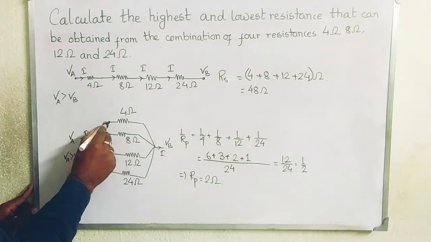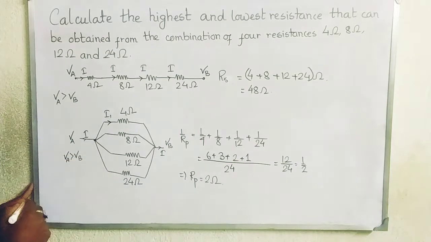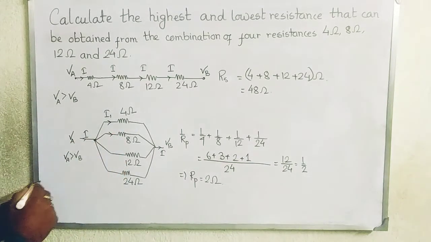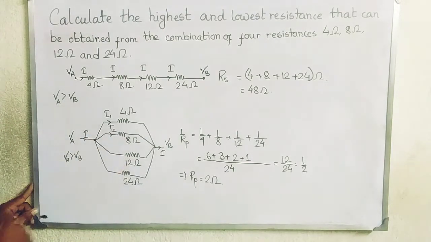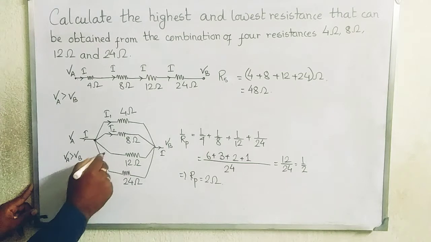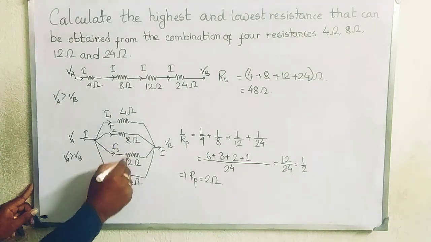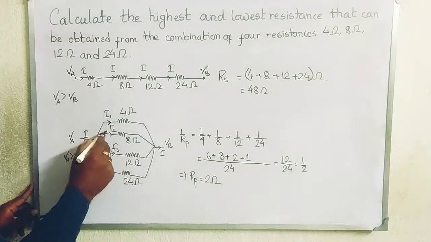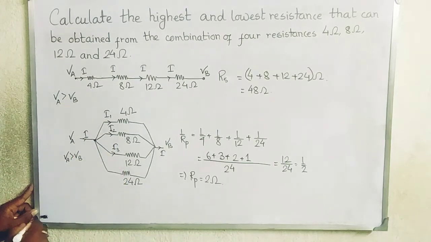The 4 ohm resistance is small, so most of the current starts flowing through this resistance. The 8 ohm resistance is slightly greater than that, so slightly less current is flowing through this 8 ohm. After that, 12 ohm is slightly greater than the 8 ohm, so slightly less current than that of I2 is flowing through it.